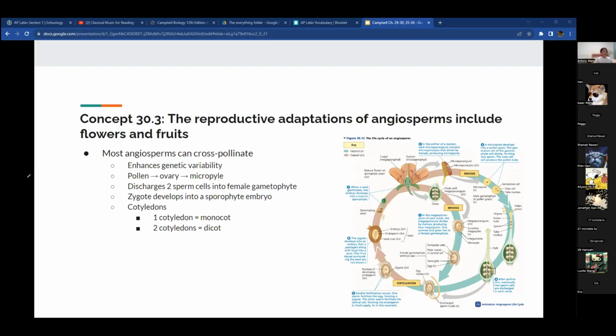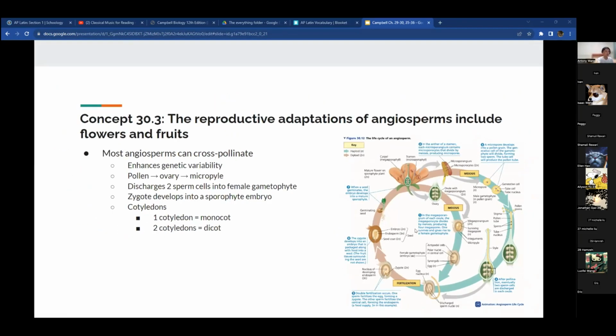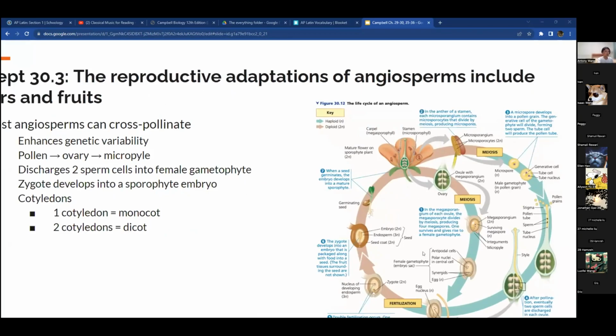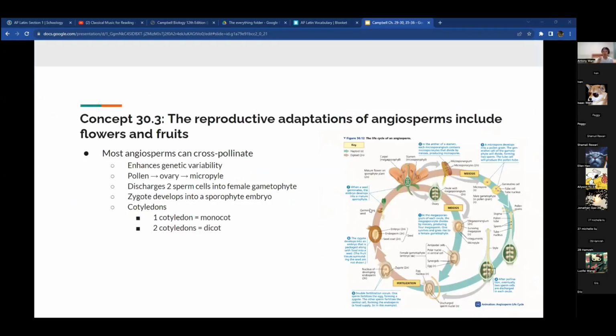This leads us to the idea of double fertilization. Plant pollen grains will produce two sperm cells. And you might be thinking, why would you need two sperm? One of the sperm will fertilize the actual egg, the structure that will develop into the zygote.